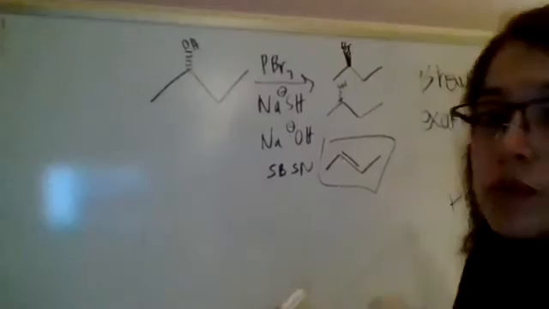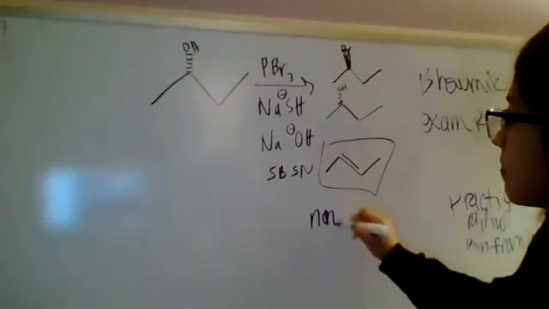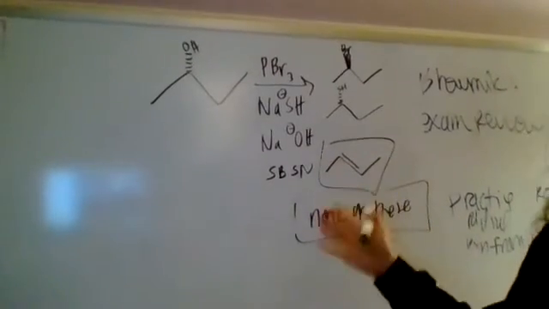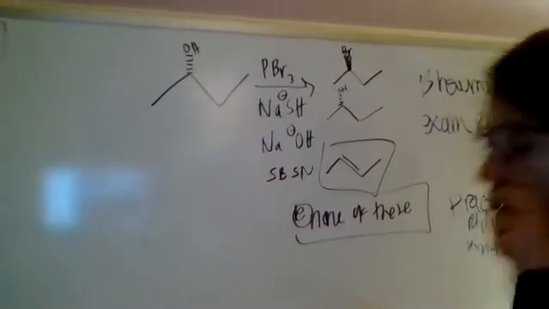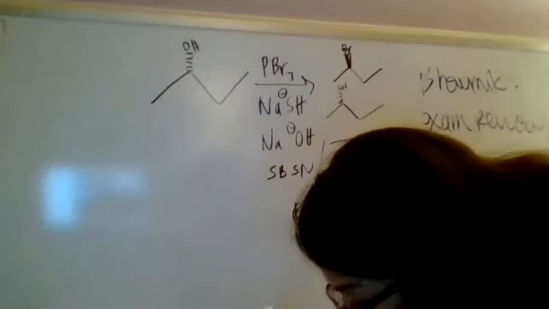And then this one was the one where it's like none of these. I figured this was the answer, and this was not one of the options. So I chose E, none of these.